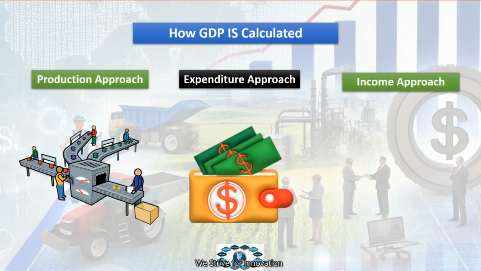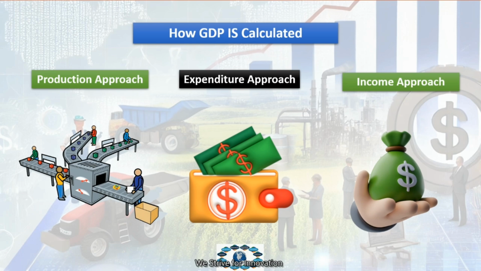And the third approach, they call it the income approach. Here it adds up all the income earned in the economy, including wages, profits, and taxes, of course, minus subsidies by government or any other entity.